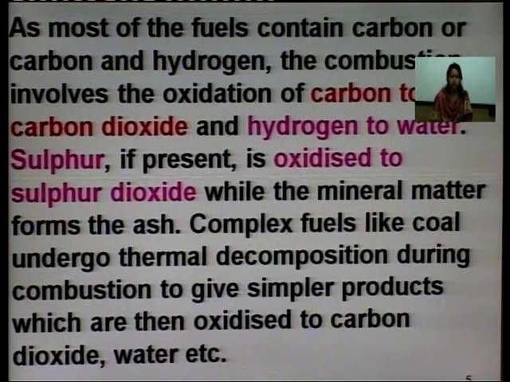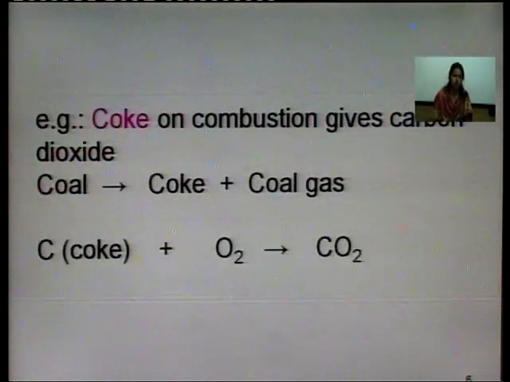So, the complex fuels like coal undergo thermal decomposition during combustion to give simpler products, which are then oxidized to carbon dioxide. Let us see what happens in the case of complex fuels. For example, coke on combustion gives carbon dioxide.